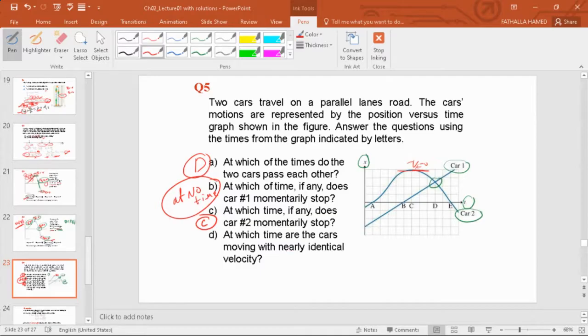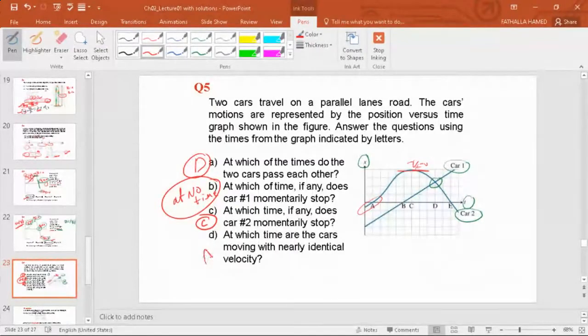At which time are the cars moving with identical velocities? Now, car 1 will have the same velocity because of the same slope. Car 2 will have different velocities, but you will look for the point that will give you the same slope as this one, and you will find only this portion here, which is parallel to this, and that will give you the same slope.